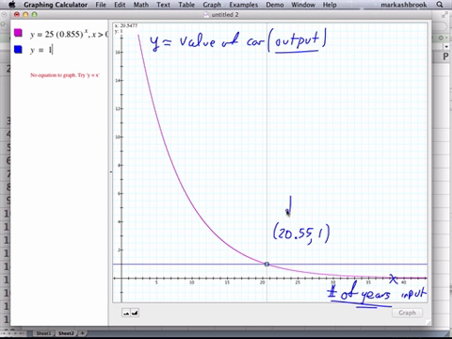Yep. After that many years, the value equals 1,000. So after this, the value will be less than 1,000, and that's what they wanted. Somewhere in the 20th year, the value hits 1,000, and after that, the value is below 1,000.